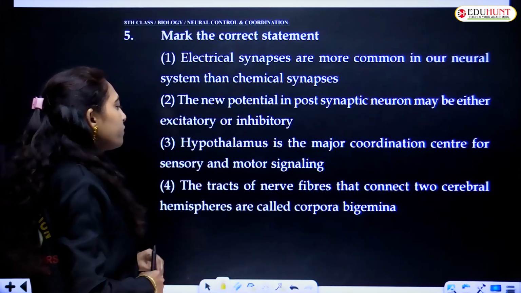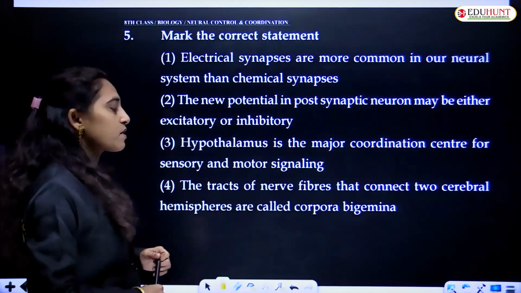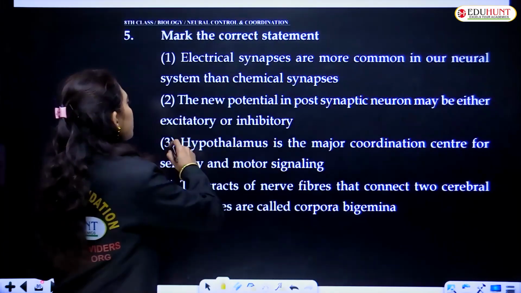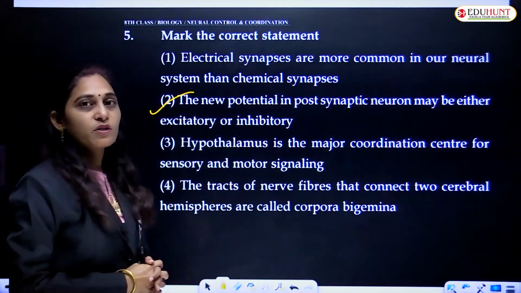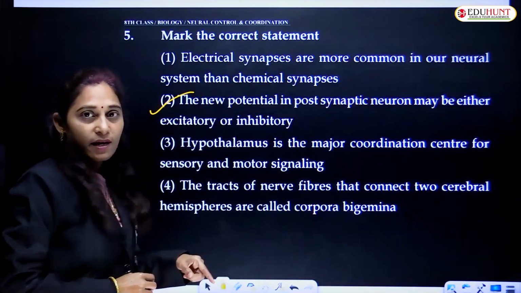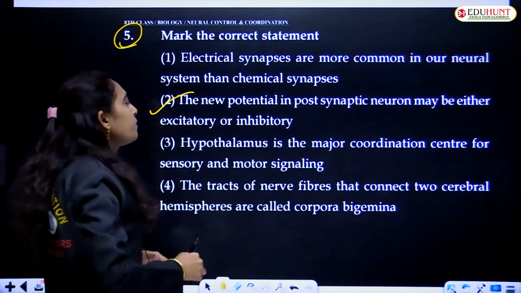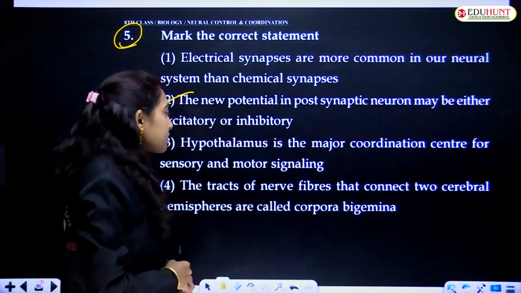The tract of nerve fibers that connects the cerebral hemispheres is called corpora bigemina. So the answer is: the new potential in the postsynaptic neuron may be either excitatory or inhibitory. It may be discussed in later classes.